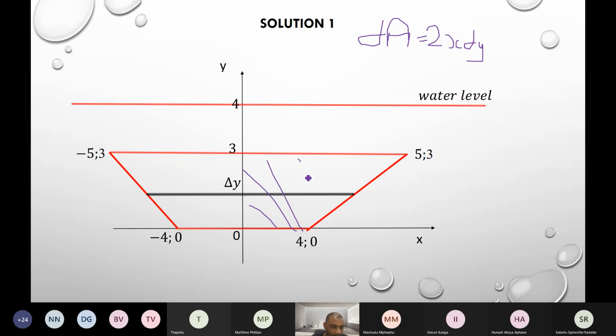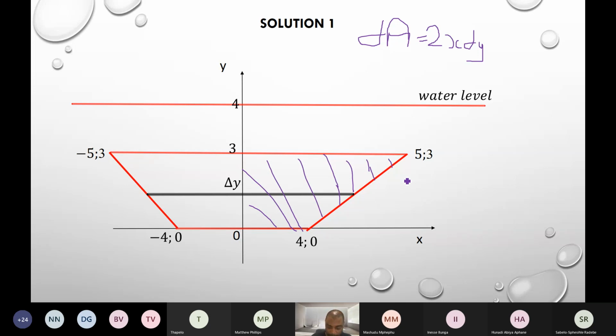This one area here. You can calculate it using x dy. But since there are 2 of them, because it is divided, there are 2 of them. That's why I put a 2x dy. Okay, that question has come quite often, so I had to explain it.